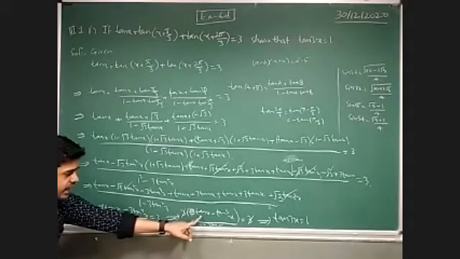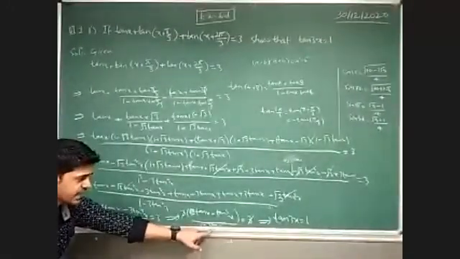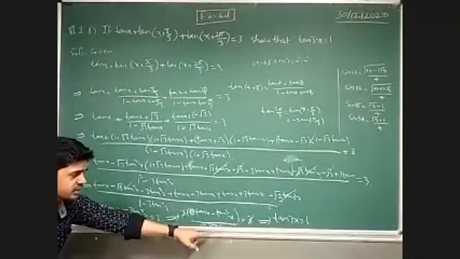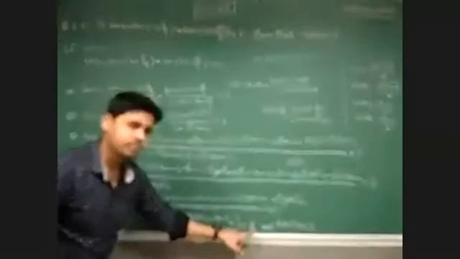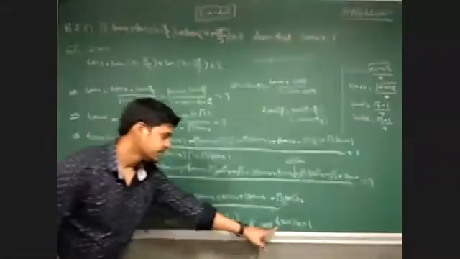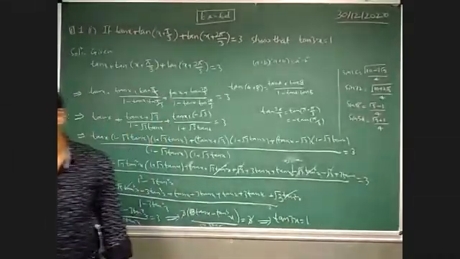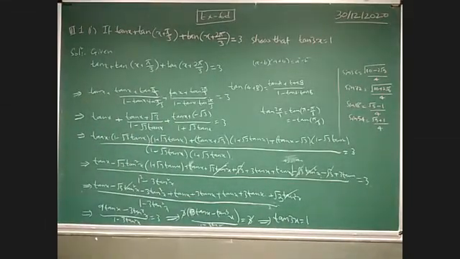So here we will have (3 tan x minus tan cube x) over (1 minus 3 tan square x), that is nothing but tan 3x, and here we have that 3 cancelled, so here we got 1. So tan 3x is nothing but 1. Have you understood?